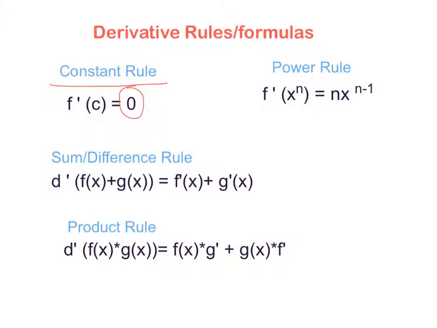We have the power rule: the derivative of x to the n is n multiplying x to the n minus 1, which is more helpful.